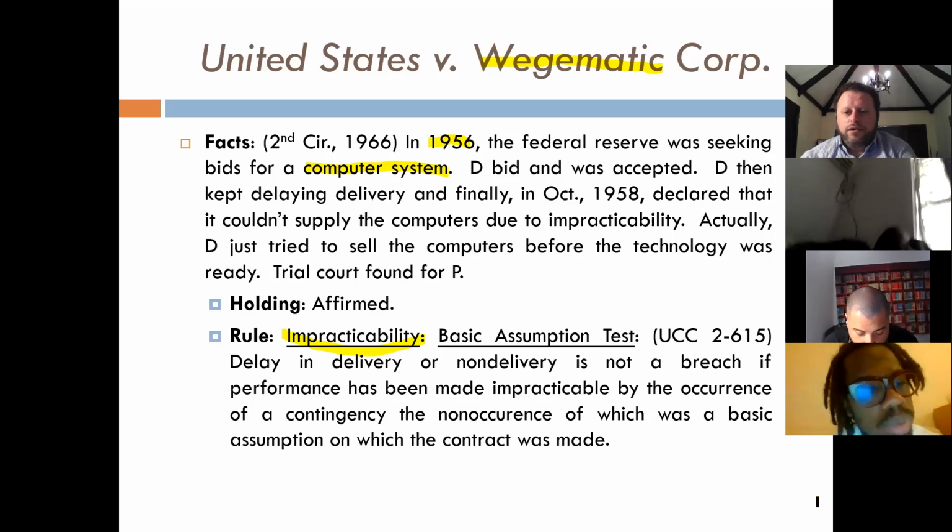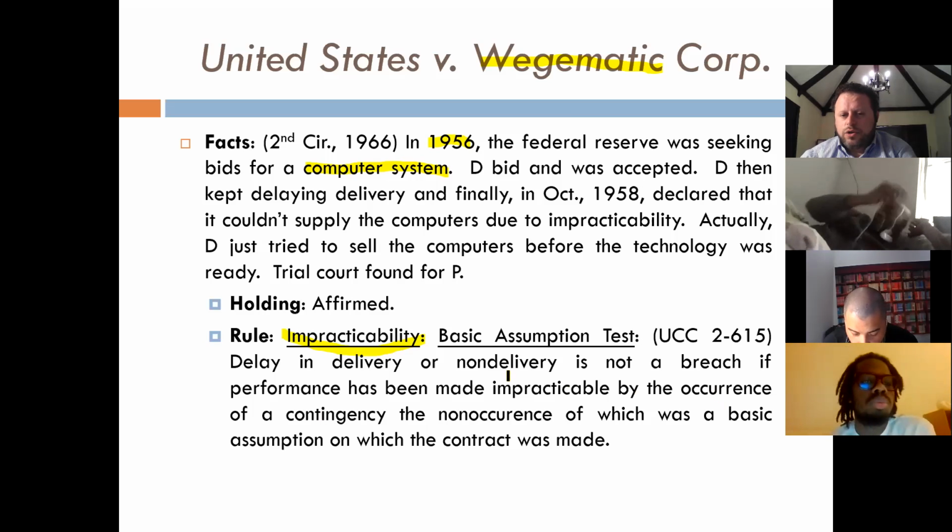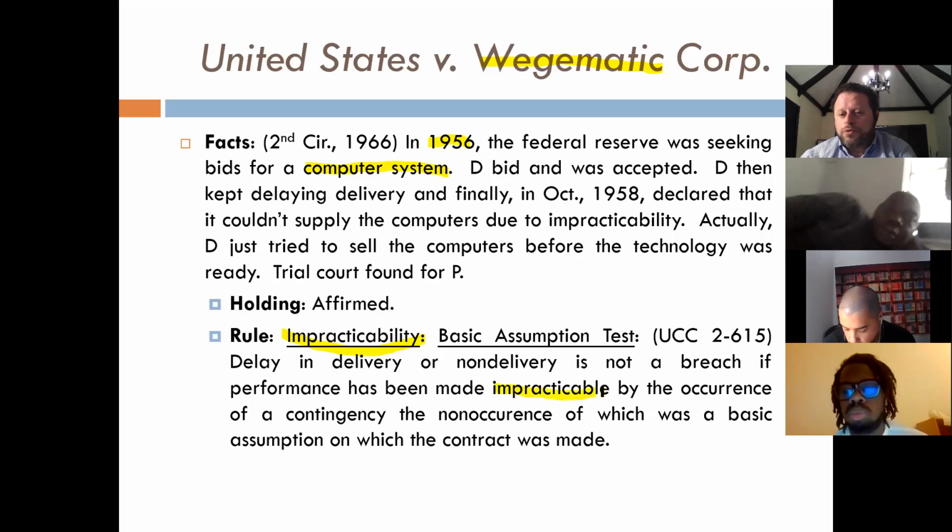And again, why is this impracticable? Because of the occurrence of a contingency, the non-occurrence of which was a basic assumption on which the contract was made. And that is a kind of legal way of saying an implied condition.